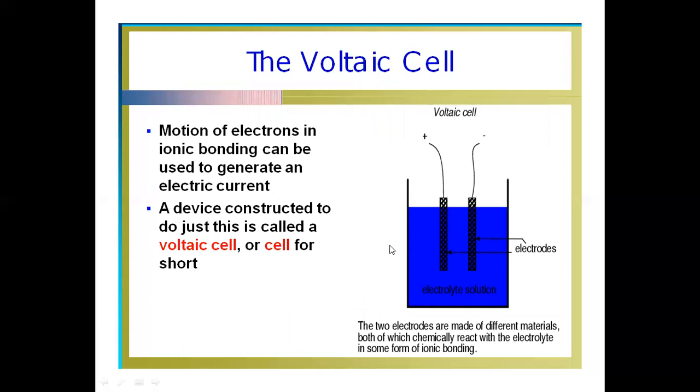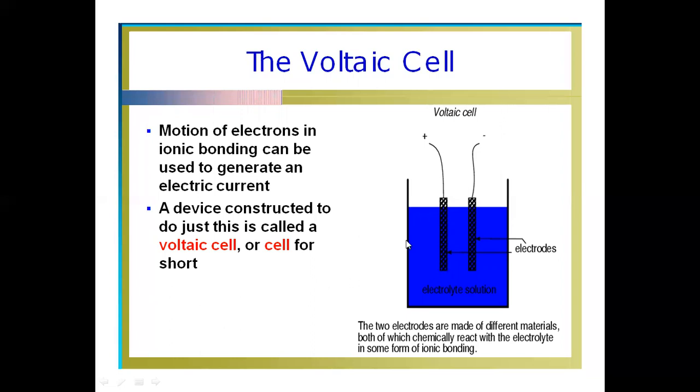Here we will observe the construction of the voltaic cell. The two electrodes are immersed into the electrolytic solution, and these electrodes are made from different materials, both of which chemically react with the electrolytic solution in some form of ionic bonding.